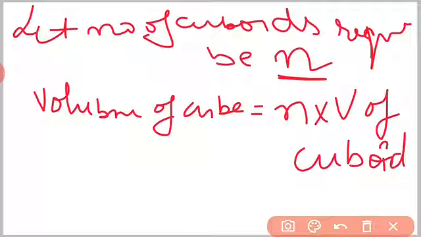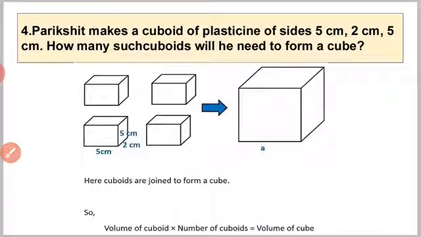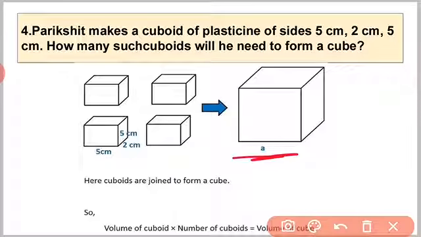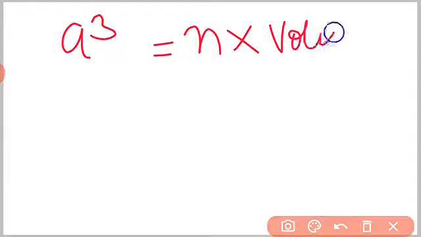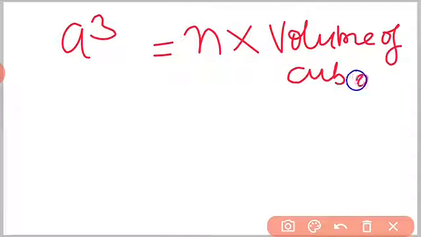So we have taken a cube of side A. So what will be the volume of cube? It will be equal to A cubed, and n multiply volume of cuboid. Over here we have what dimensions for the cuboid?